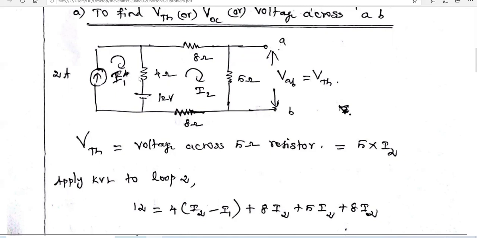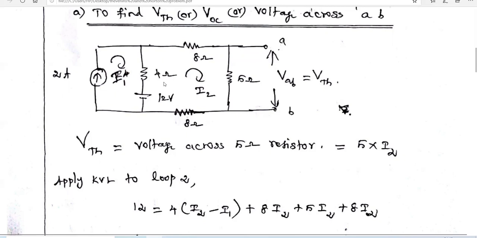The current flowing through this 4 ohm resistor: I2 flows from bottom to top, and I1 flows from top to bottom. So the current is I2 minus I1, giving 4 into (I2 minus I1). We are writing the KVL equation for loop 2, so we consider I2 as the first current.